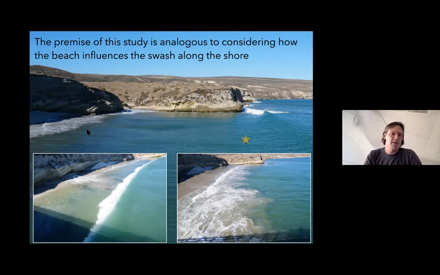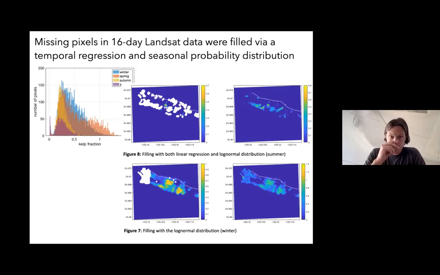And so this is the same idea that we wanted to explore in looking at the cross-shelf flows in the long-term ADCP data. So we got 16-day Landsat data from Tom. Tom Bell has assembled seasonal observations of kelp, but we wanted to narrow down into the highest resolution. And so I think this was 16-day data. Maybe Tom can correct me if he's here or if I'm wrong.